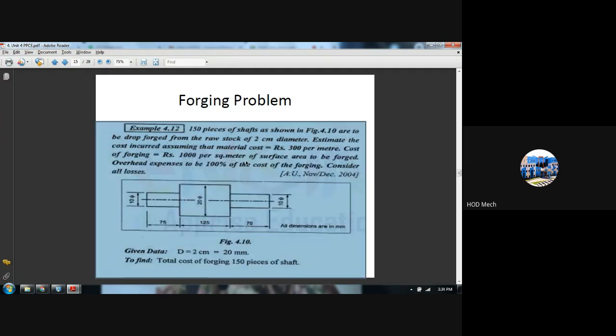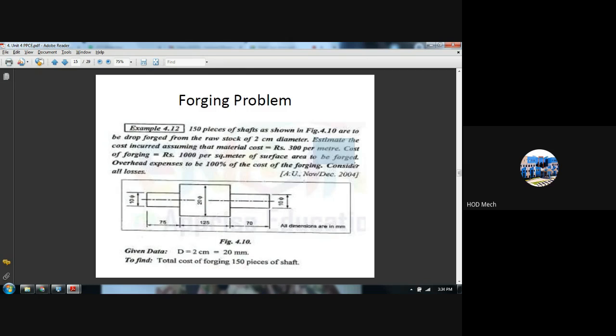Now the question says, estimate the cost involved, and certain data is given. Material cost is 300 per meter, forging cost is 1000 per square meter, and the overhead expenses are also given. What do they say? 100% of cost of forging.